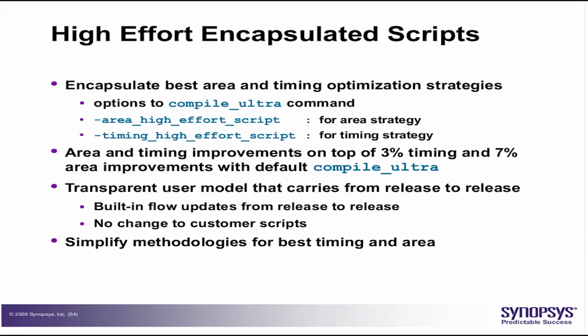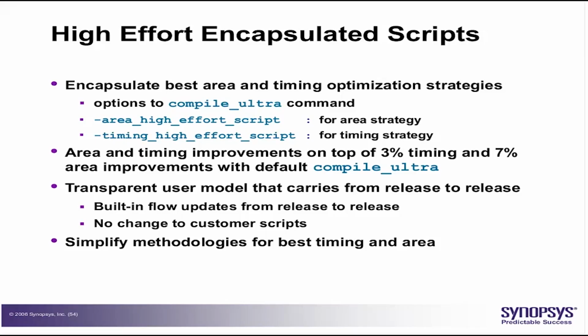If you give one of these options, then DC will employ some strategies which are not visible to us, and it will try to achieve a lower area or better timing. There are some figures available from Synopsys: about 3% timing and 7% area improvement as compared to the default compile. These are built-in flows.